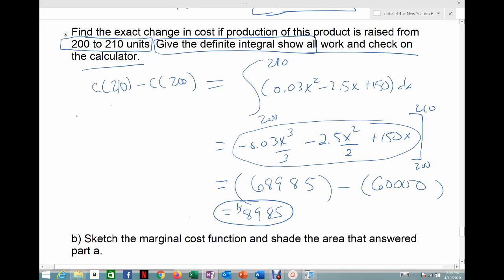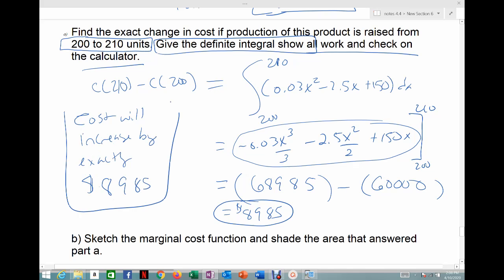So cost will increase by exactly 8,985. And actually, when we do the fundamental theorem of calculus, we can see that this is how much it costs to produce 200, this is how much it costs to produce 210, and the difference was 8,985. That's using the fundamental theorem of calculus showing all work.